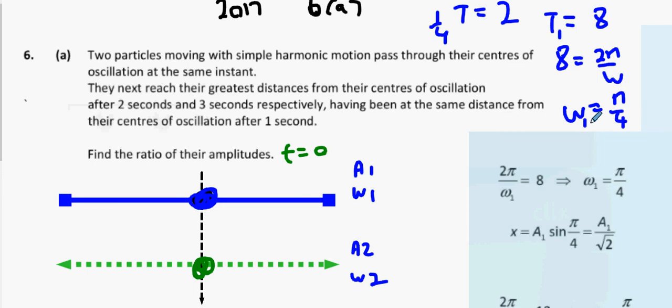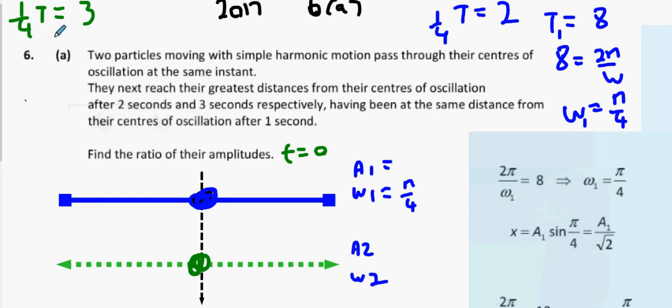So I already have A1 and W1. Actually, I haven't got A1. I do have W1, whatever. Is that okay with you guys? Now, what about A2? 1/4 of T is what, lads? 3 seconds, isn't it? So it takes 3 seconds to go from here to here. 6 seconds, 9 seconds, 12 seconds.